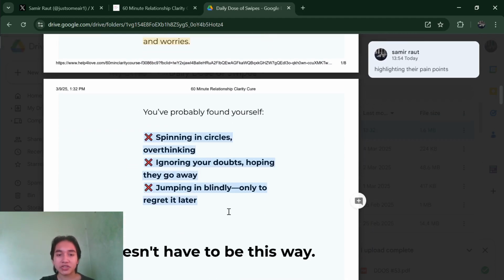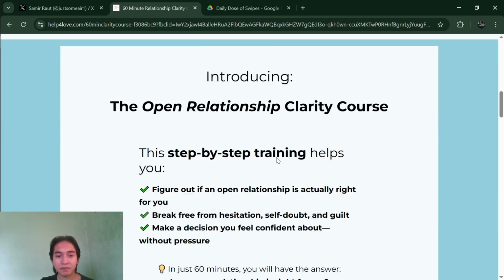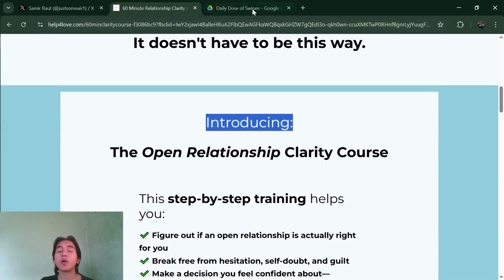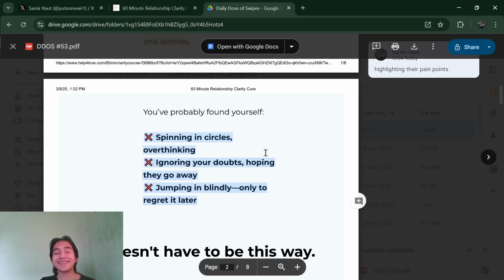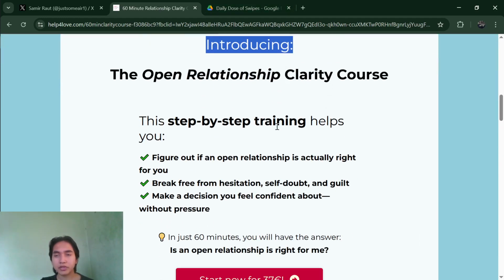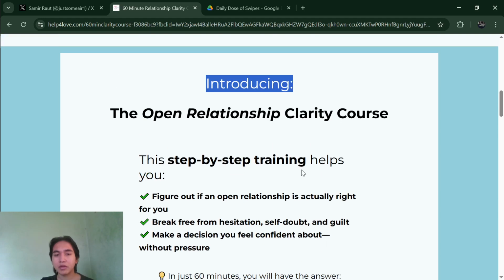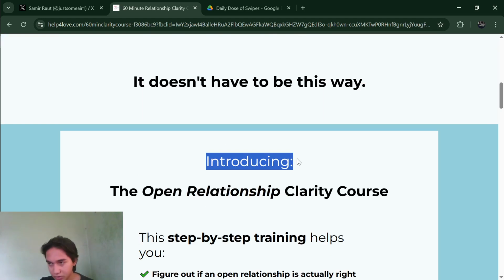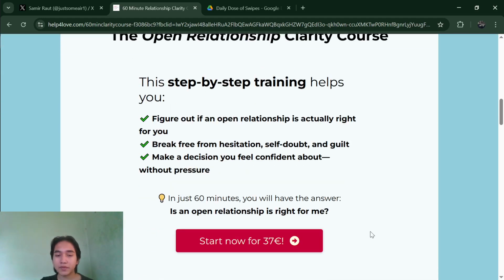Now I'd probably change this part, as I just said, introducing. So, yeah, SLO, self-liquidating offer. It's 37 euros probably, and it's pretty cheap. The objective is not to make profits. They don't make any profits at all. This is only there so that they can break even on the ad spend, and they can sell you something much higher value.